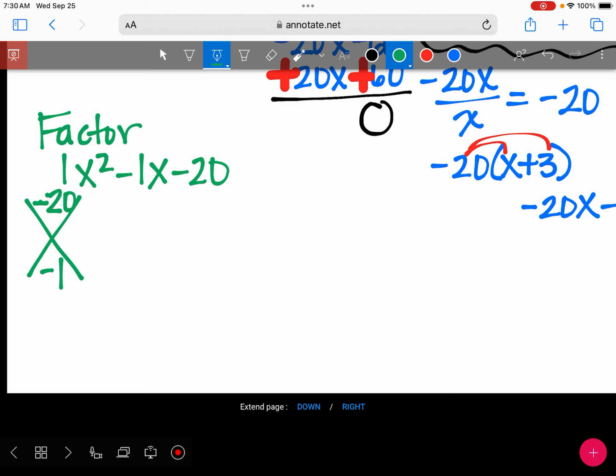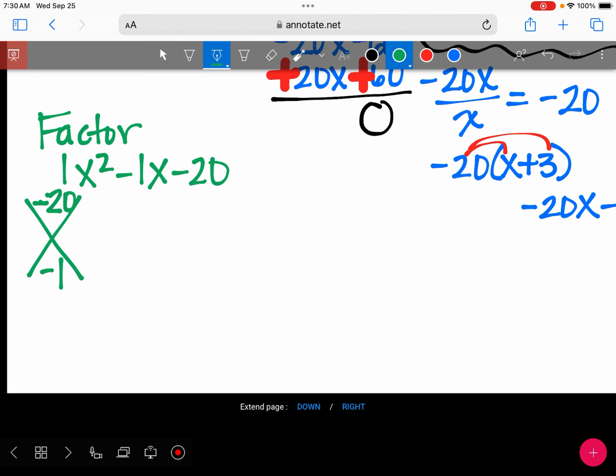Anybody know the numbers? Thumbs up if you know the numbers. Okay. It could be 1 times 20, 2 times 10, or 4 and 5. Which one do you think is going to give you the 2 or 1 though? What did you say?